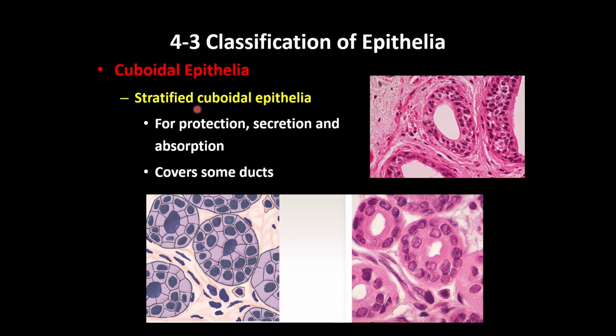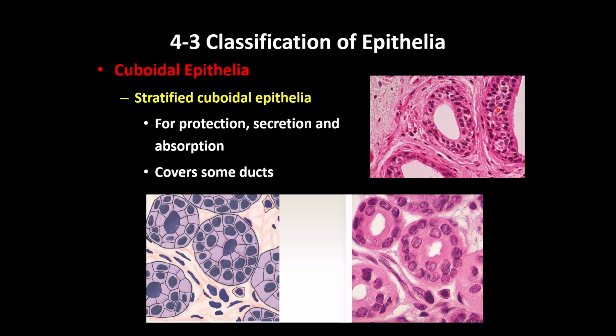The stratified cuboidal, that is for protection, secretion, and absorption. So you can see that these cells, this is the cavity here, and this is one layer, and this is the second layer. In this image, this is one layer, this is the second layer, and also in this image, this is one layer, and this is the second layer.